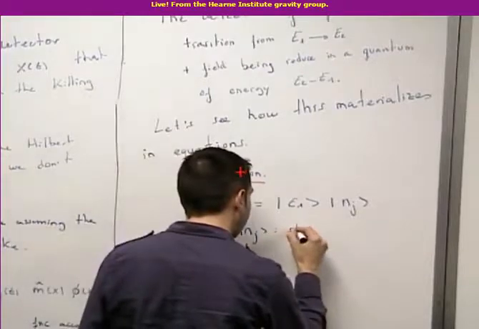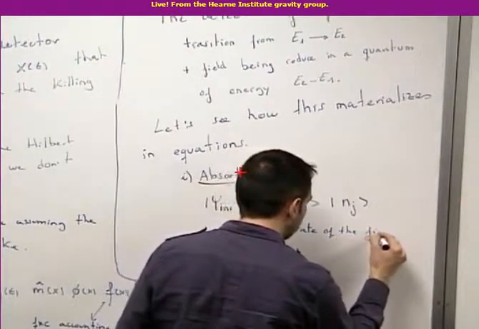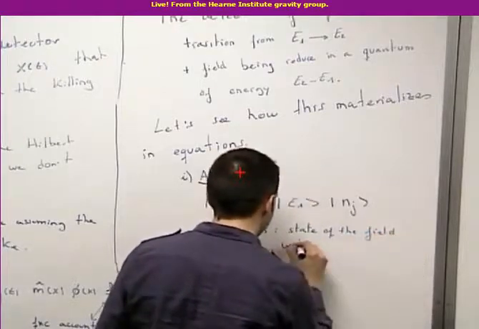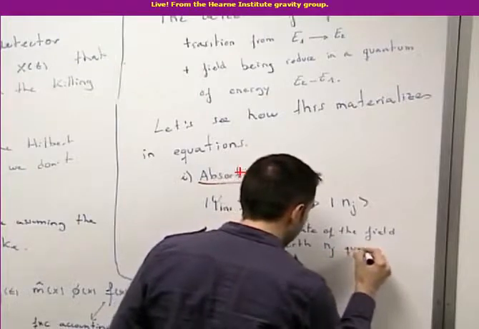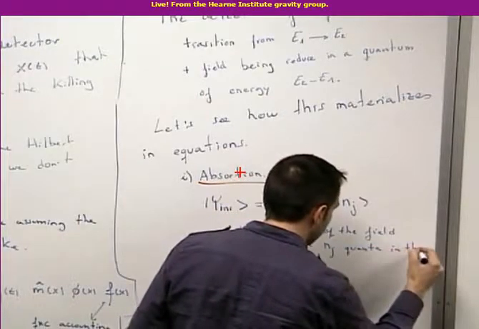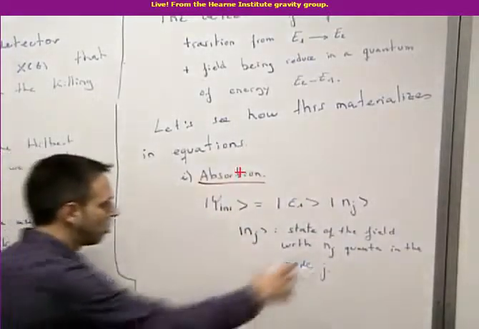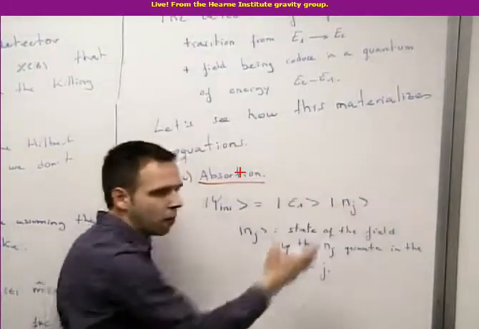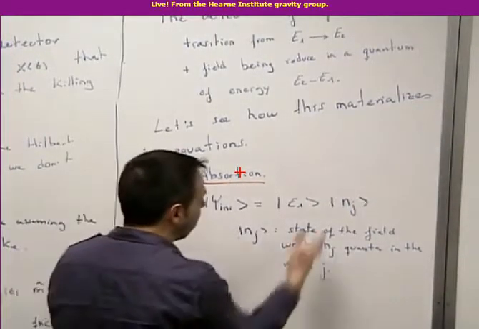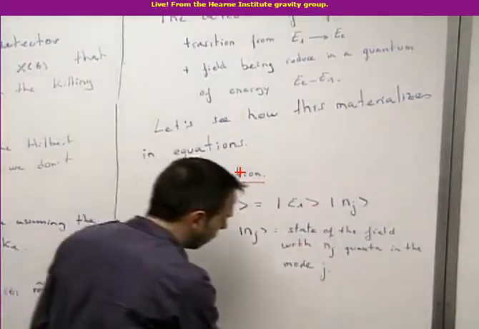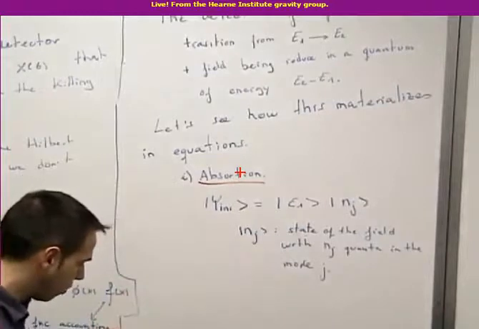So state of the field with n_j quanta in the mode j. I choose an eigenstate of the number operator for simplicity. I could choose whatever you want, but the equations will be cleaner. I could choose also a vacuum or something simpler, but this is enough for what I want to show.